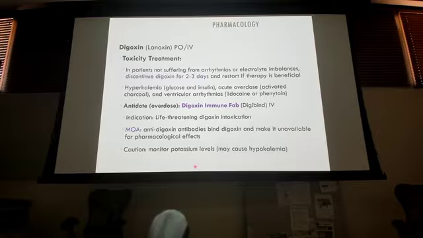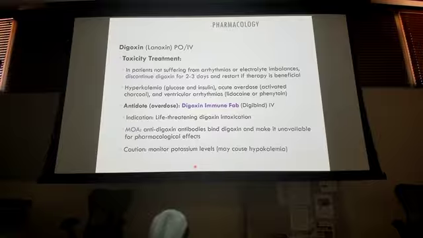So looking at what you're supposed to do, you can give them digoxin immune fab. And even in the brand name, it tells you what it's doing, Digifab, okay? So that is your antidote if somebody has very high levels of the digoxin. So what it's doing is it's trying to bind to the digoxin and make it to where it's not free anymore, right?